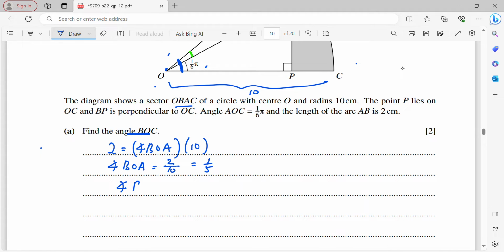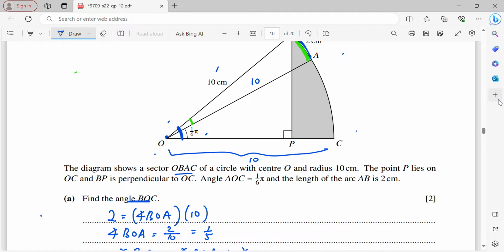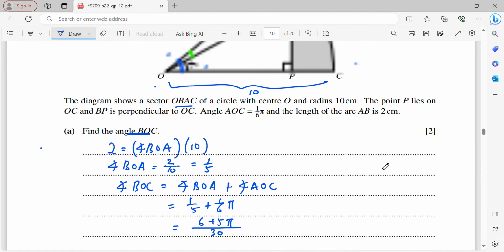So angle BOC is angle BOA plus angle AOC, which means this is 1 over 5 plus 1 over 6 pi. If you want the same denominator, make it over 30. So the first one becomes 6 and the second one is 5 pi. So that is the angle BOC.